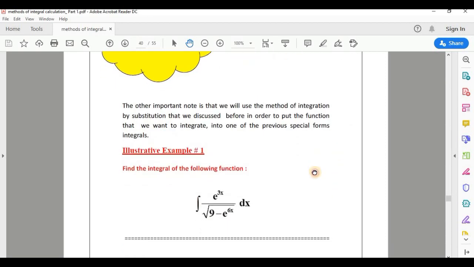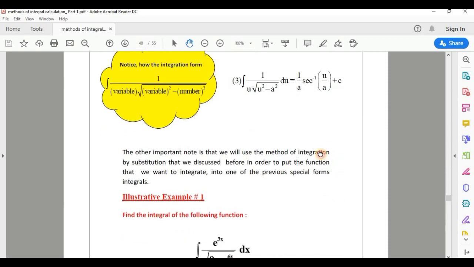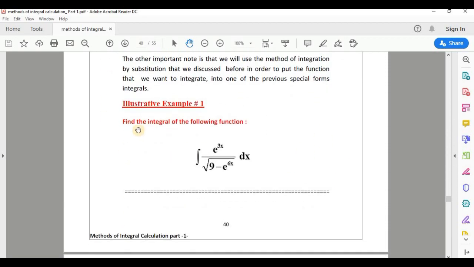What else do we have? The other important note is that we will use the method of integration by substitution that we discussed before, in order to put the function that we want to integrate into one of the previous special form integrals. Let's see how we will do that in a practical way.